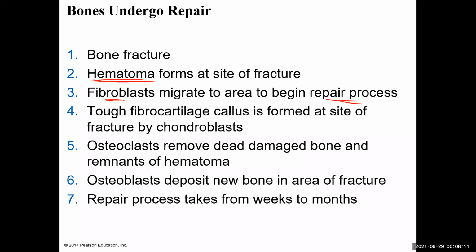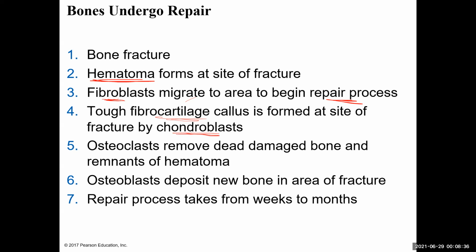What ends up happening is you'll get this formation of fibrocartilage, and it's a callus, so it's basically like the fibrocartilage is wrapping around that break site. And that fibrocartilage is made by chondroblasts, so those cartilage forming cells.